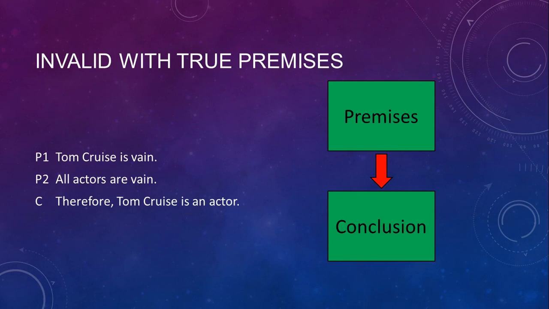That object there has edges. Therefore, that's a square. Clearly a bad argument, right? So the fallacy here is treating P2 as though it's saying only actors are vain. That's the problem.